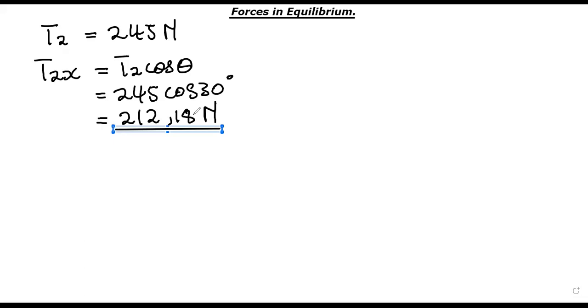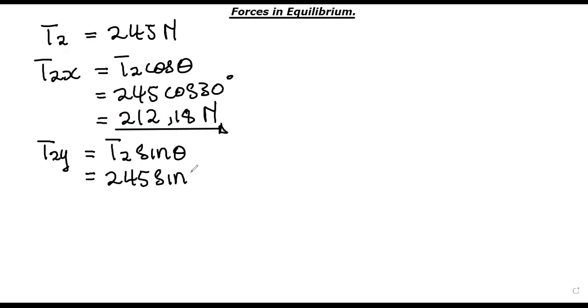Then next, we have to calculate the vertical component, T2 in the Y. So we take the magnitude of T2 and multiply it by the sine of the angle. So we say 245 sine 30 degrees.